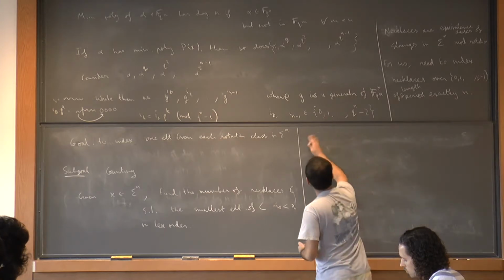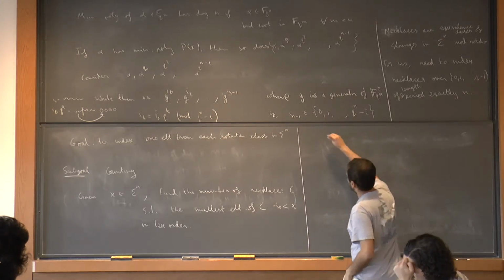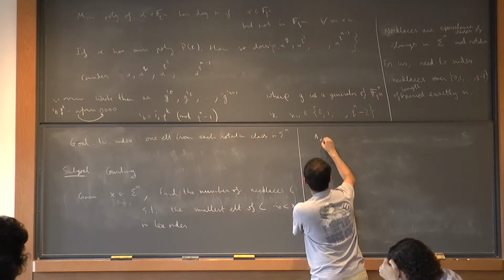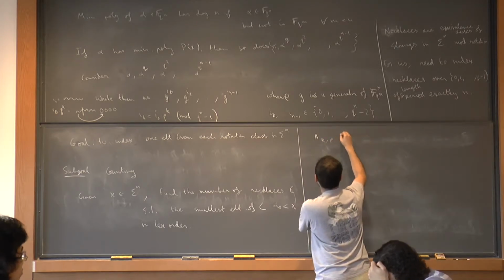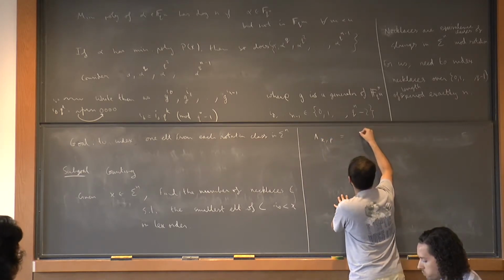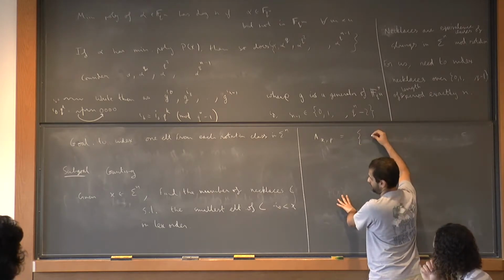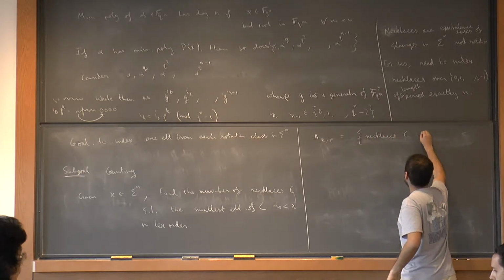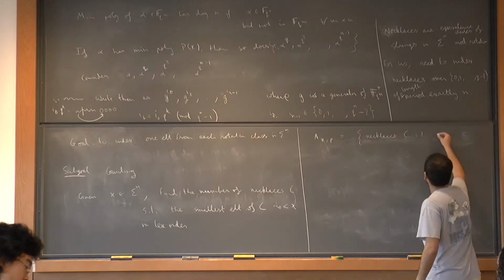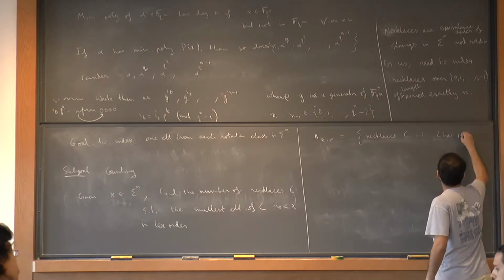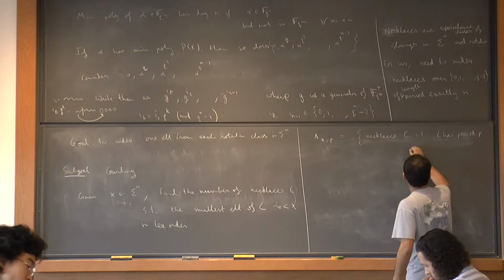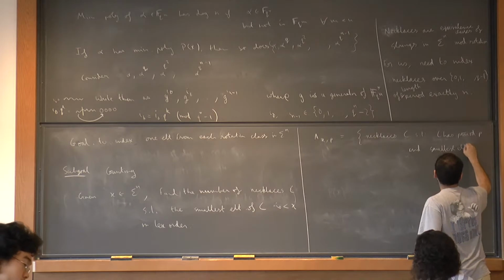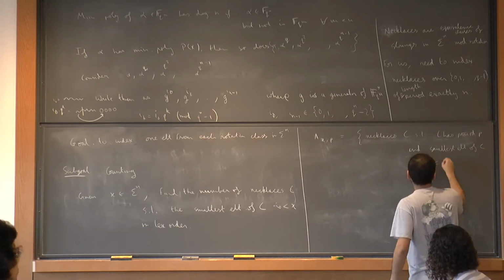So what we'll look at is this. I'll make some definition. A_{x,p} is the set of all necklaces C such that C has period p and the smallest element of C is less than x.